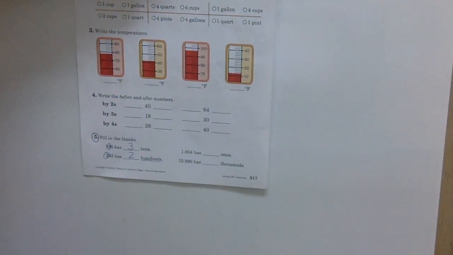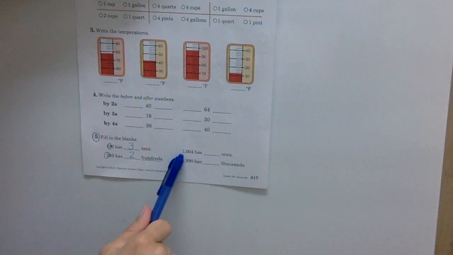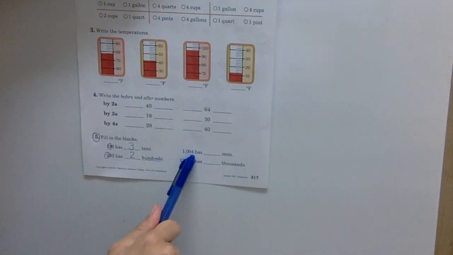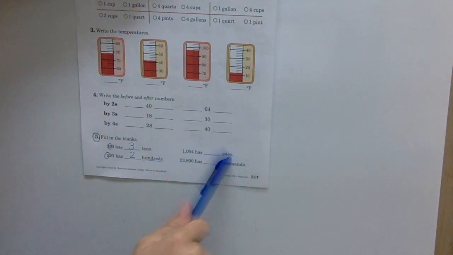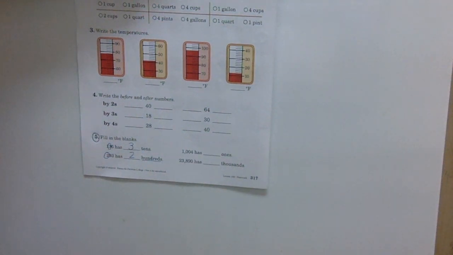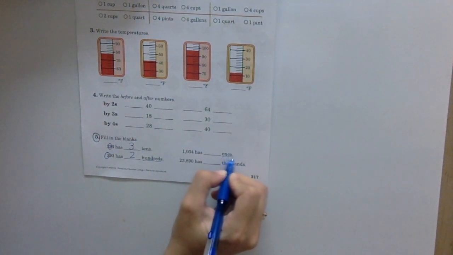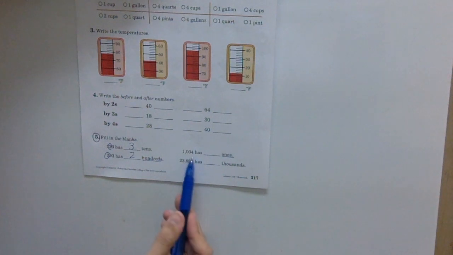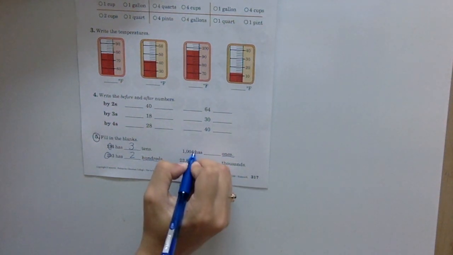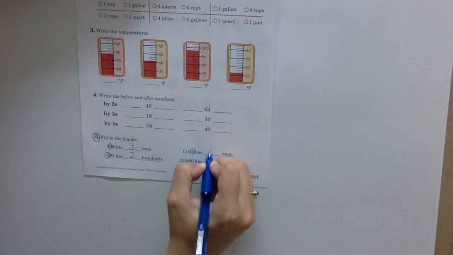Good. All right, here we go. 1004 has blank ones. How many ones? Well, we're going to go to the ones place and find out. Start in the back. Ones. Oh, there we go. That's pretty easy. Circle the ones place, and there are 4 little ones.